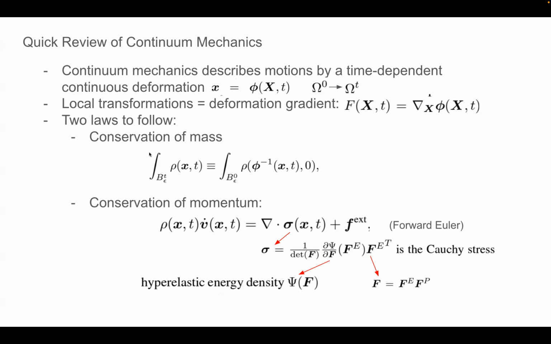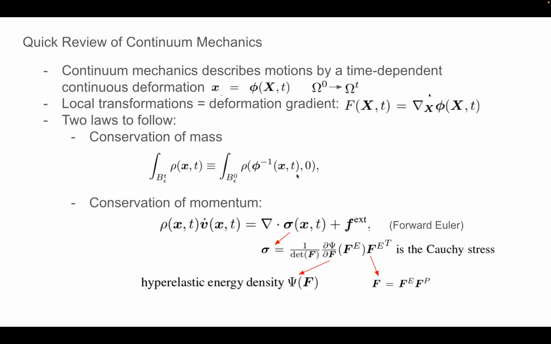So there are two main laws that should be followed in continuum mechanics. First, conservation of mass. So if you look at each small area in the space, the sum of densities or mass there should remain the same after the deformation.